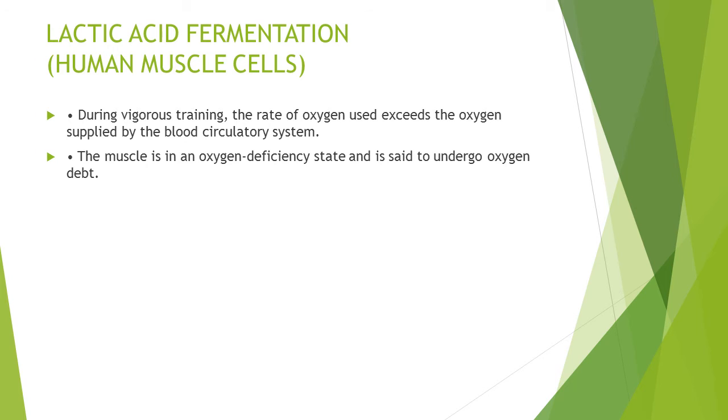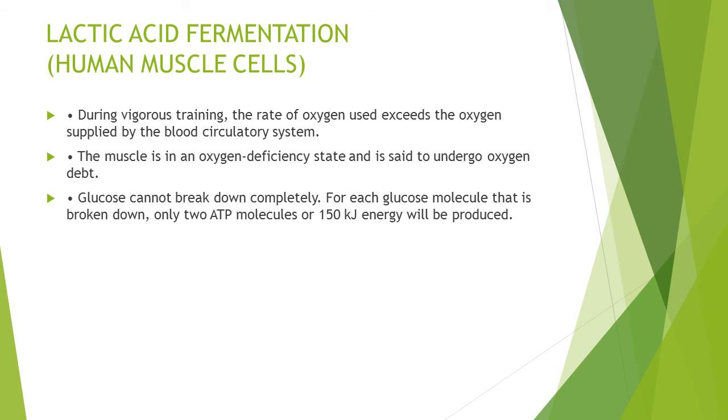Meaning when you use a lot of oxygen, you lack oxygen, so your cells will undergo oxygen debt. Sorry, it's not oxygen, it's glucose. In the absence of oxygen, the glucose cannot break down completely.